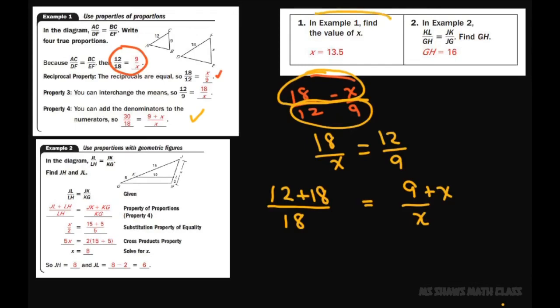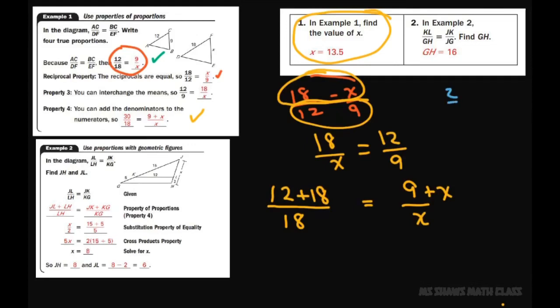Now in example 1, we have to find the value of x. So I'm just going to take their original one here and cross multiply. So you get 12x equals, and what I want to do first is reduce this. So 12 over 18 can be reduced to 2/3. So I divide both the 12 and 18 by 6.